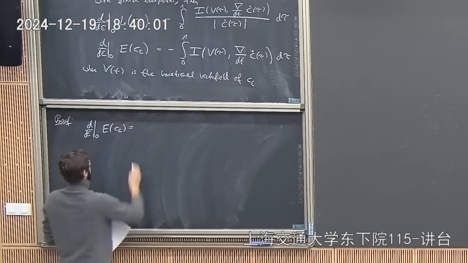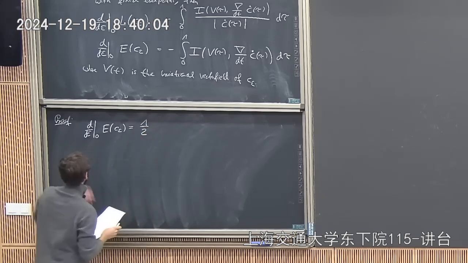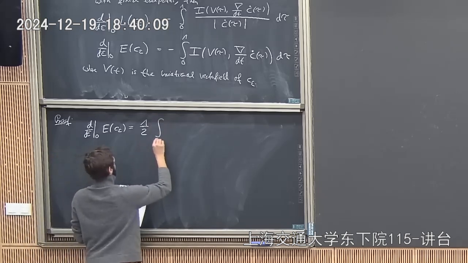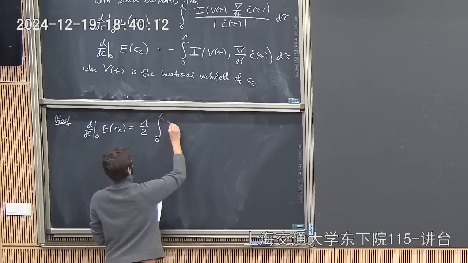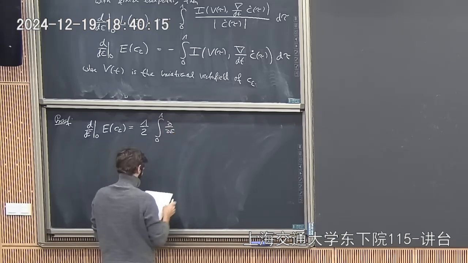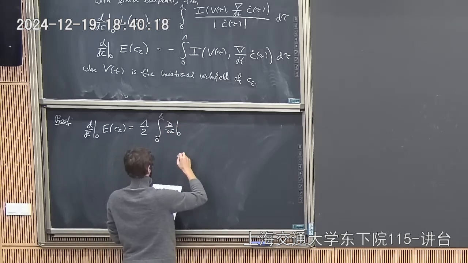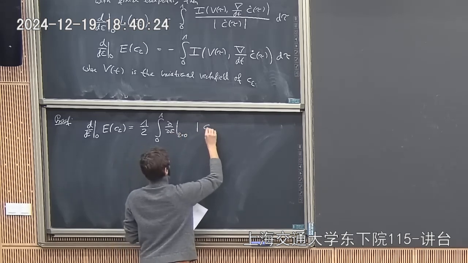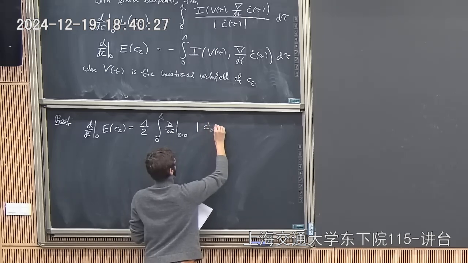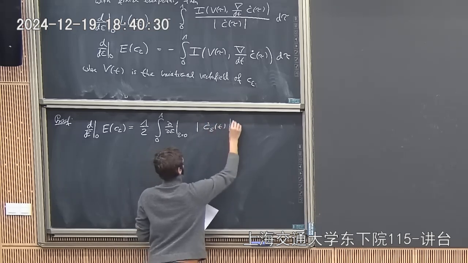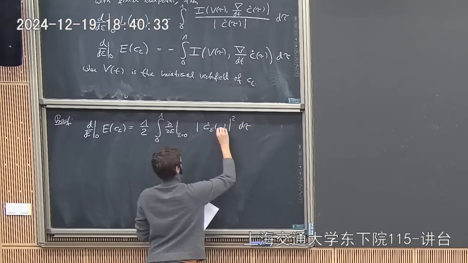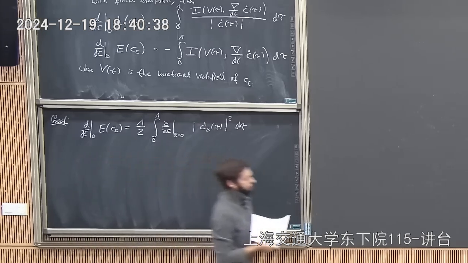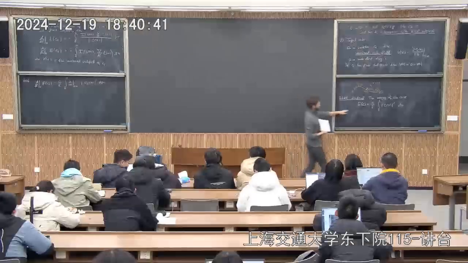So what we do is we write just the energy, and then we interchange the derivative d by d epsilon with the integration. So what we end up with is the integral from 0 to 1 of the partial derivative at epsilon equals 0 of the tangent vector, and then we just insert C of epsilon in this expression.